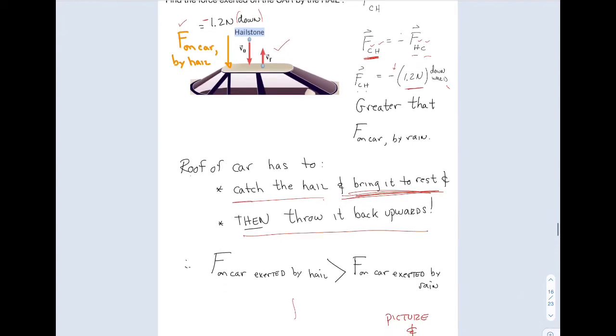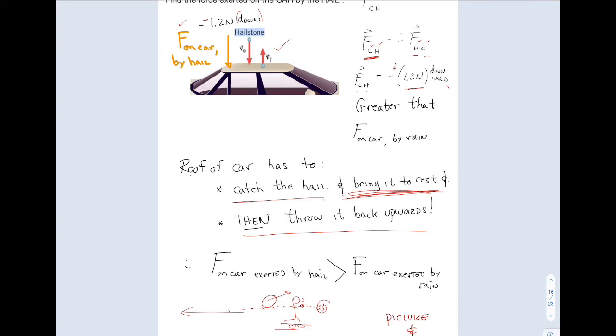So think of this as if you were on a skateboard and someone threw a bowling ball toward you. You would catch it and then recoil back. But if someone threw the same ball and you caught it and recoiled back, and then you threw it back to them, you would then keep recoiling back more.